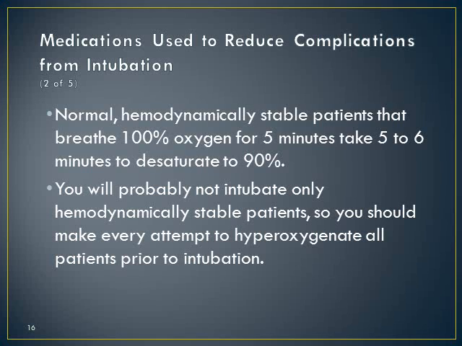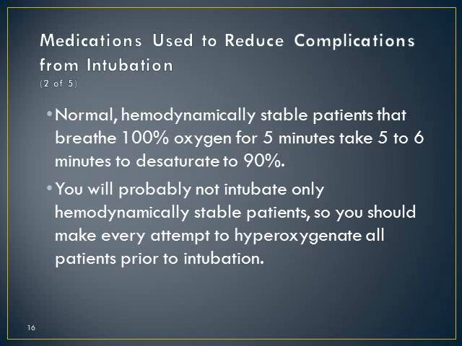So, normal hemodynamically stable patients that breathe 100% oxygen for 5 minutes can take 5 to 6 minutes to desaturate to 90%. And I want you to think about this concept for just a minute. This is where we get into our nitrogen washout phase.